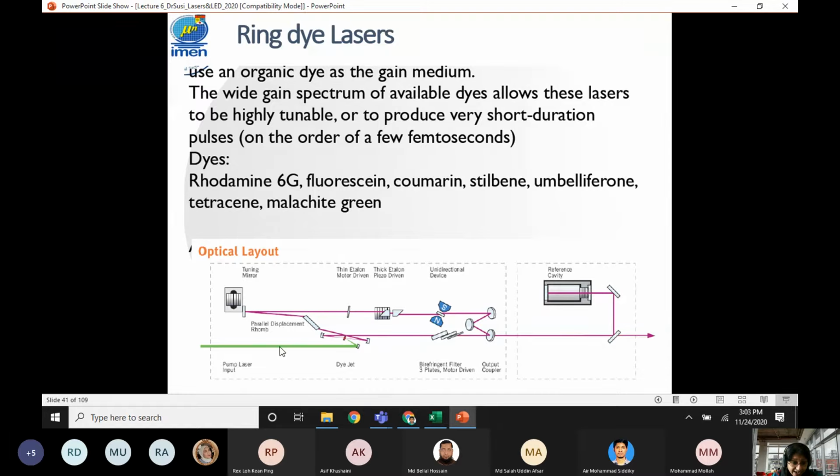So basically you have the dye over here, you have the pump laser, so it's optical pumping over here. And then you have the tuning mirror, and this is the etalon. And you have the light emitted out finally over here. So this is the ring dye laser.